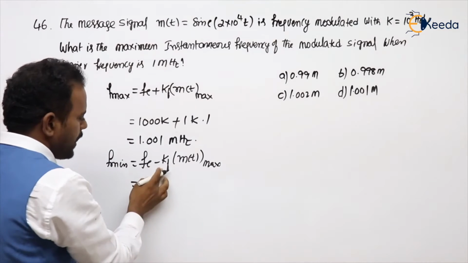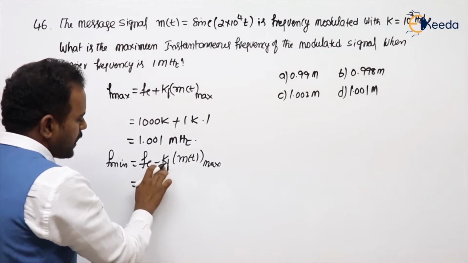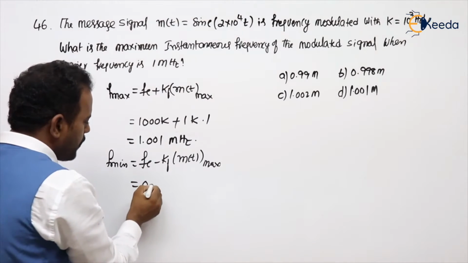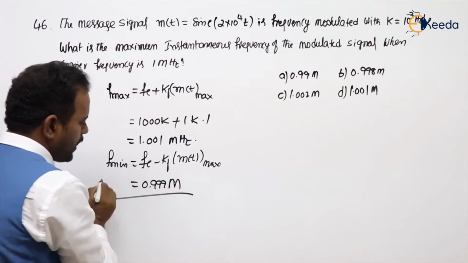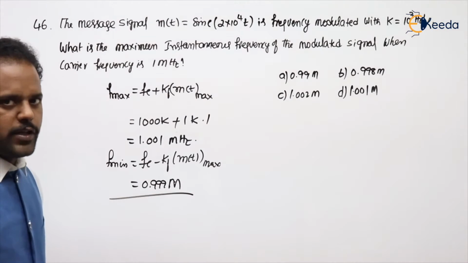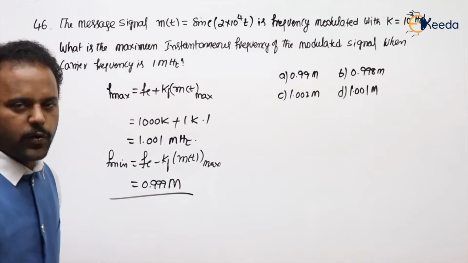So Fc minus this value is 1000 kHz minus Kf value 1 kHz, which gives 999 kHz. Delta F is 1 kHz. If you want the total frequency swing, 2 delta F is 2 kHz.